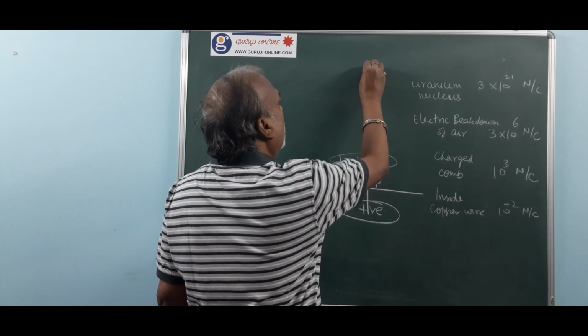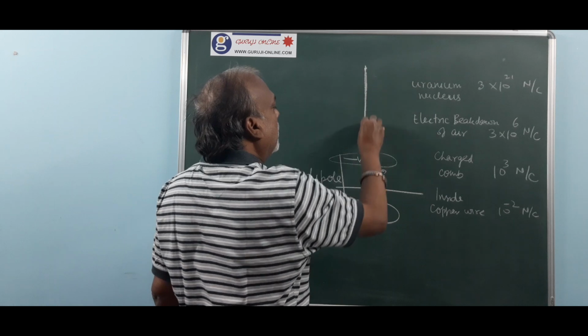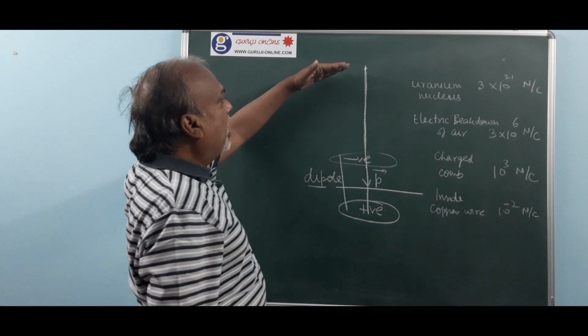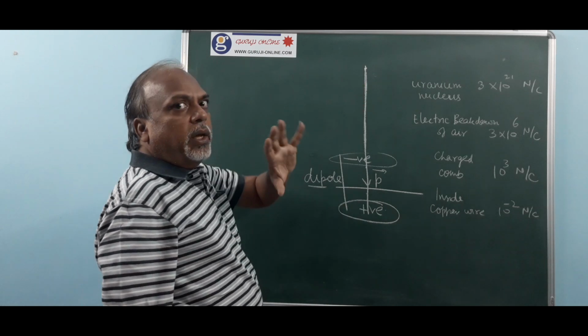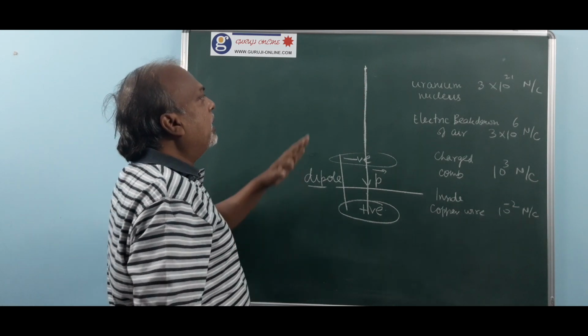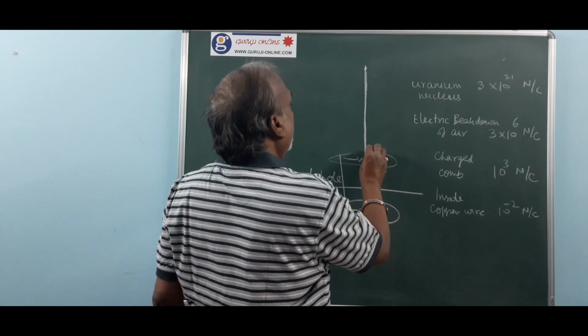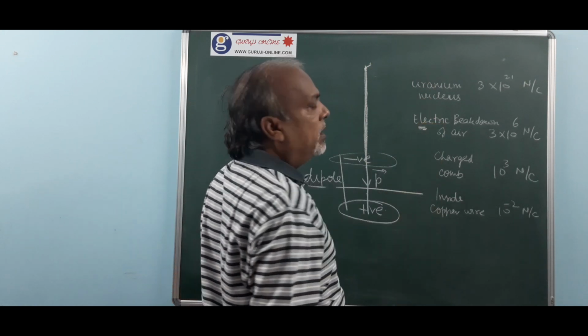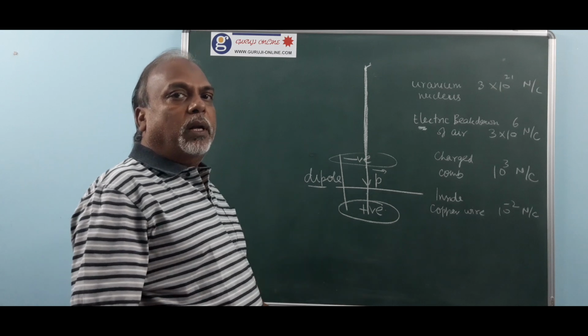Suppose it is quite above in the atmosphere where the air becomes very rare, then the electric field overcomes it, and this is how the breakdown of air occurs.